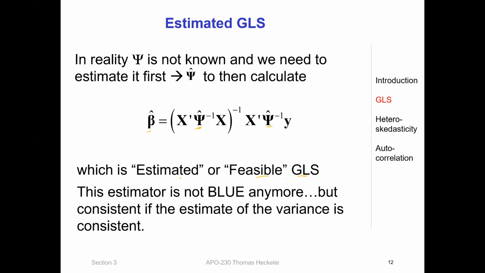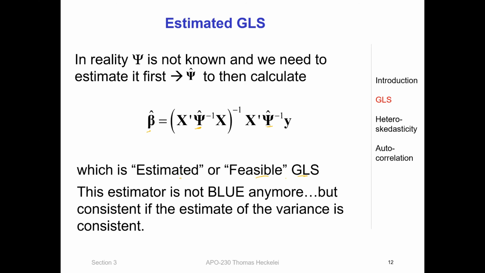This estimator is not BLUE anymore. Why? Because we cannot guarantee 100% that the psi hat or the transformation that we applied will satisfy the Gauss-Markov assumptions again. But at least we could expect that it will be consistent as long as the estimate for the psi hat is consistent.